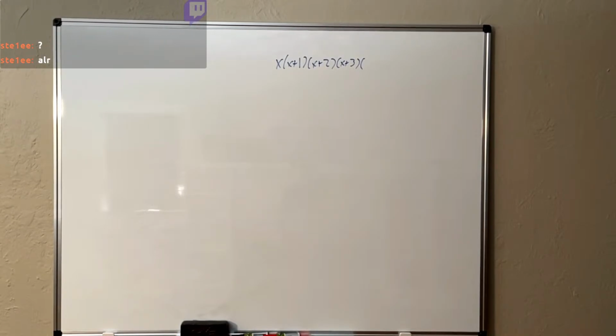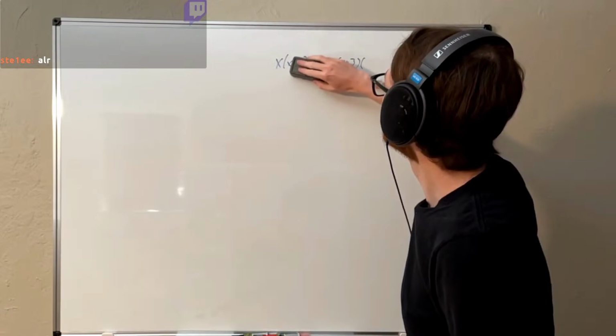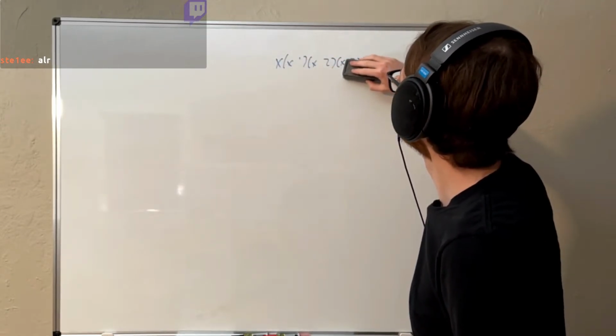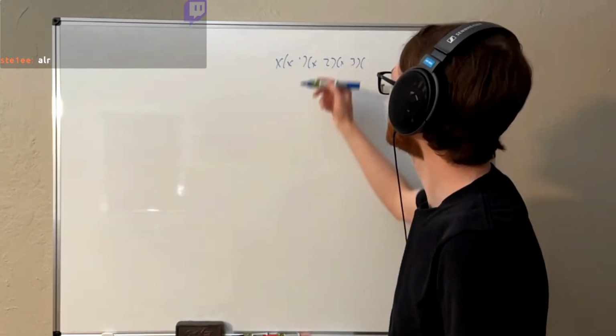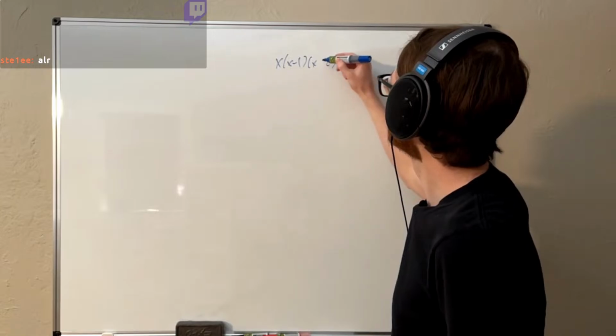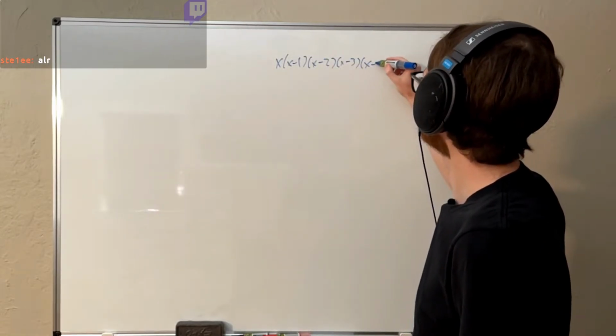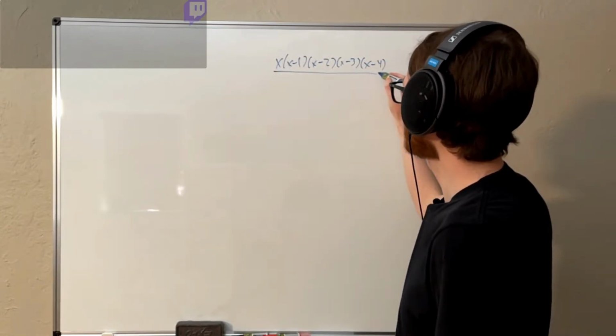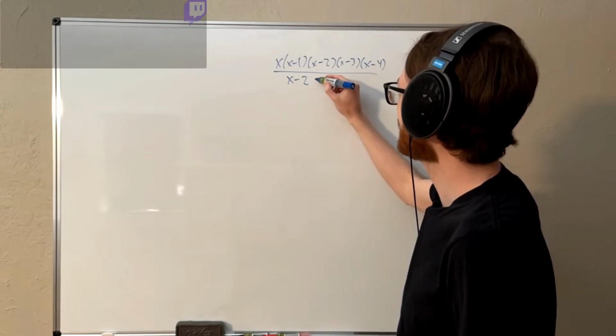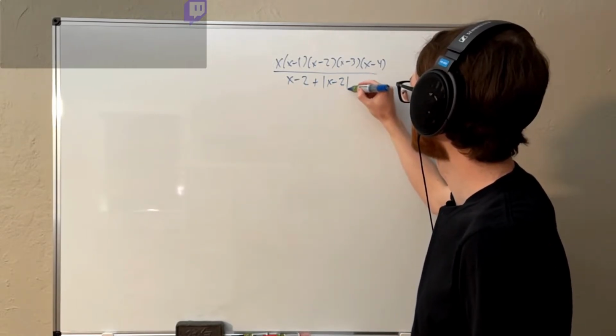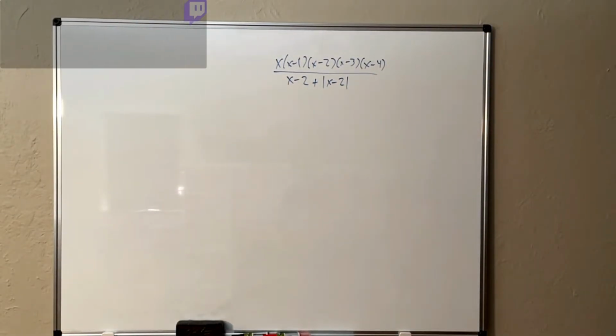Oh wait, these are minus signs. And then I think in the denominator, these were both inside it, right? Okay. And so you're solving this for X?